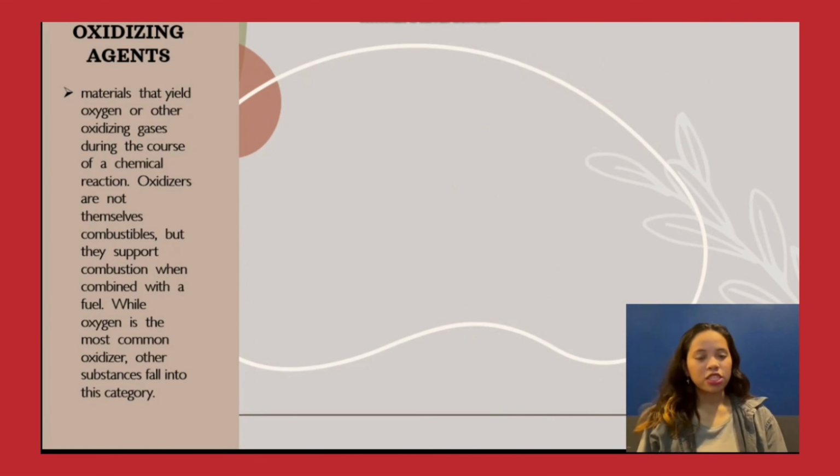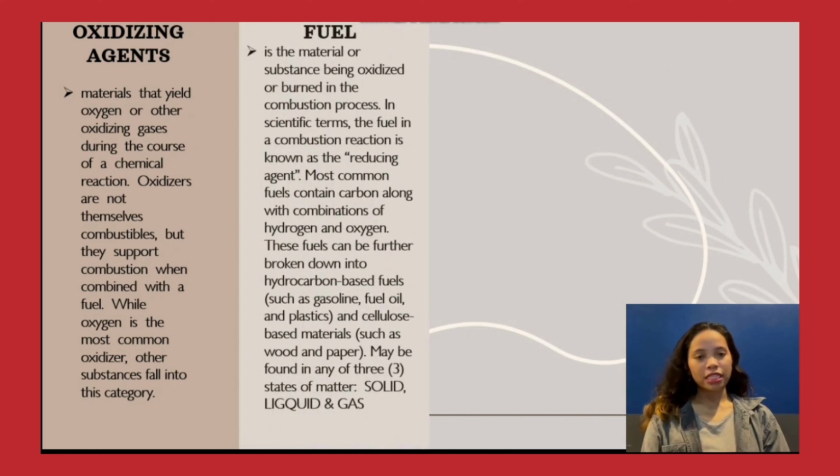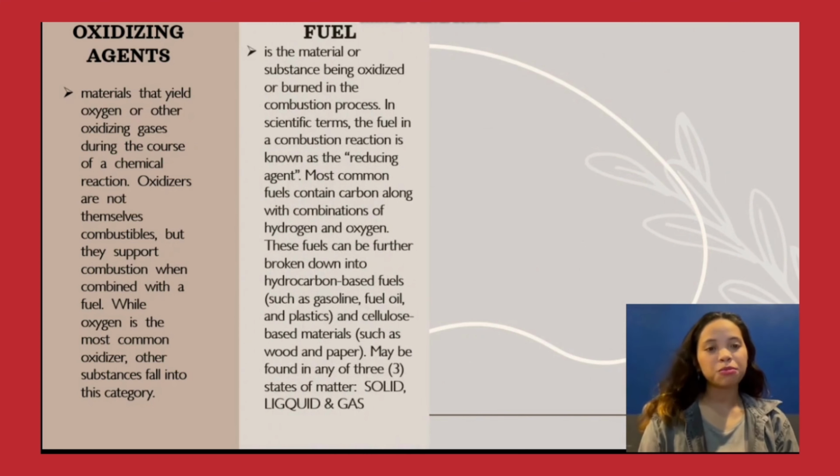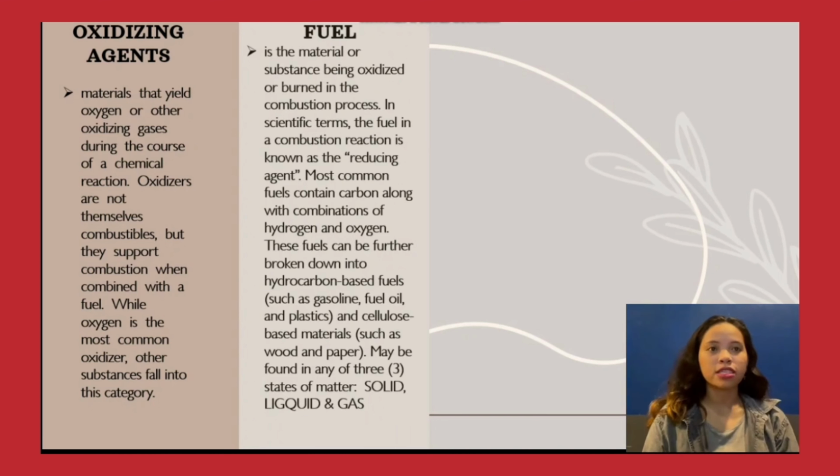So an oxidizing agent is a combustible material that can start a fire. An example is oxygen, the common oxidizer in creating a fire. Next in this diagram we have the fuel. It is the material or substance that is being oxidized or burned in the combustion process.